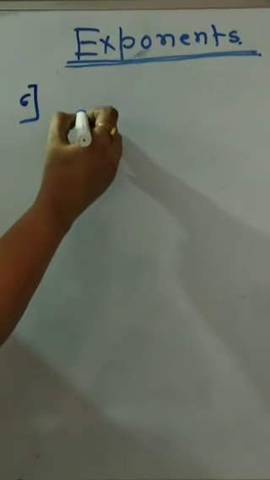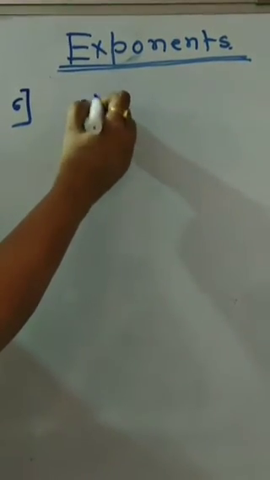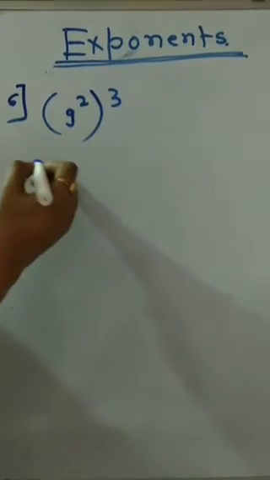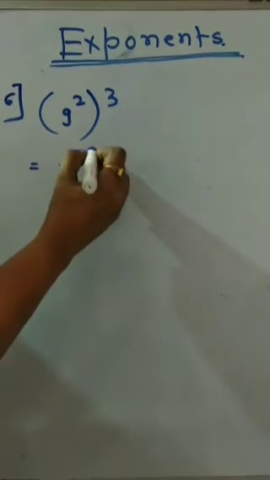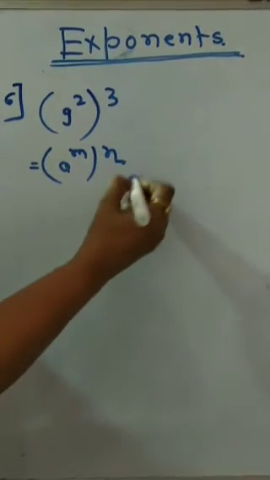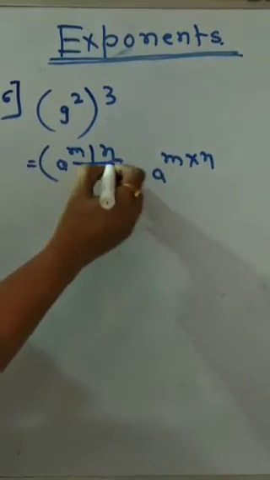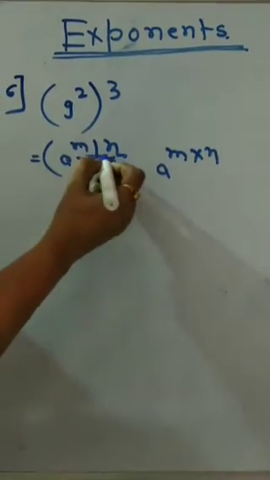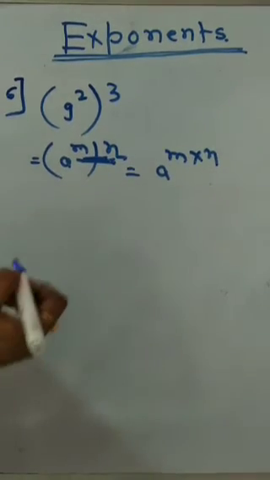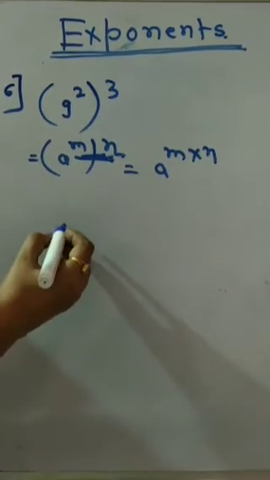Sixth one is 6 raised to 2, raised to 12. Here is the formula a raised to m, raised to n. Therefore a raised to m into n, because here is the double power. Whenever we have double power, we have to do multiplication of the index.